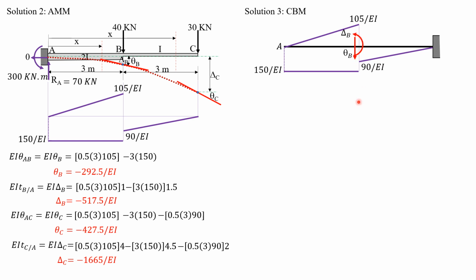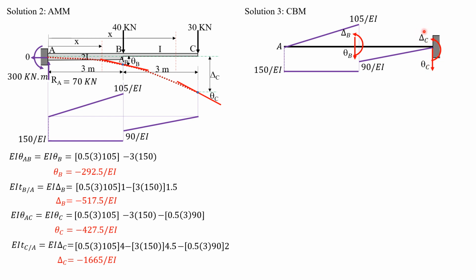So that's one. So considering AB, we sum up forces Y, we can solve theta B. This is theta C. Considering B and C, B is left, C is right. So theta C is positive downward. Then positive moment is counterclockwise.